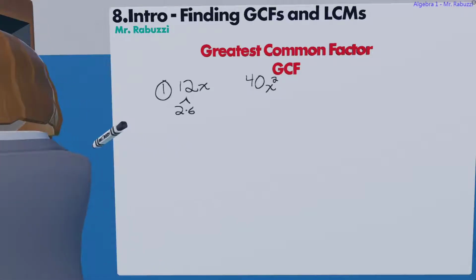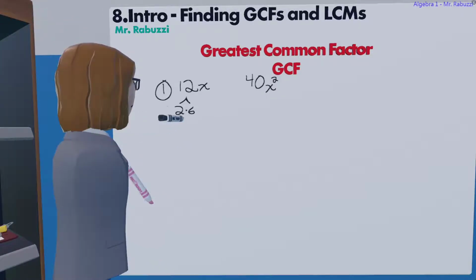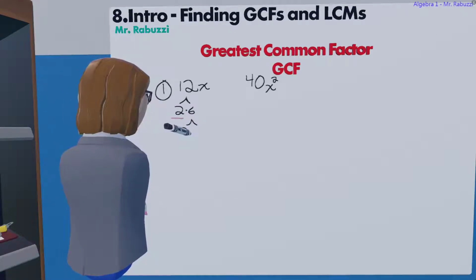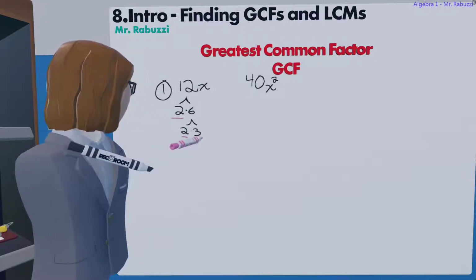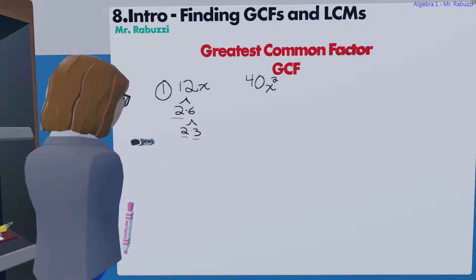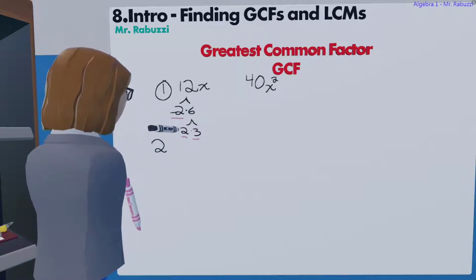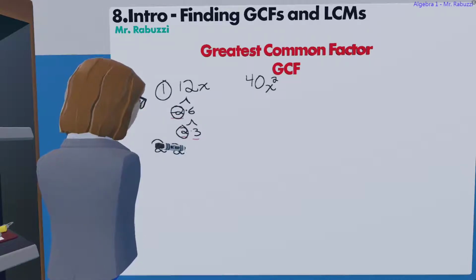Okay. We know that 2 is a prime number. Then we have to split the 6 into factors. 2 times 3. Okay, those are good. Those are both primes. So far we have 2, this one, we have another 2, and a 3.